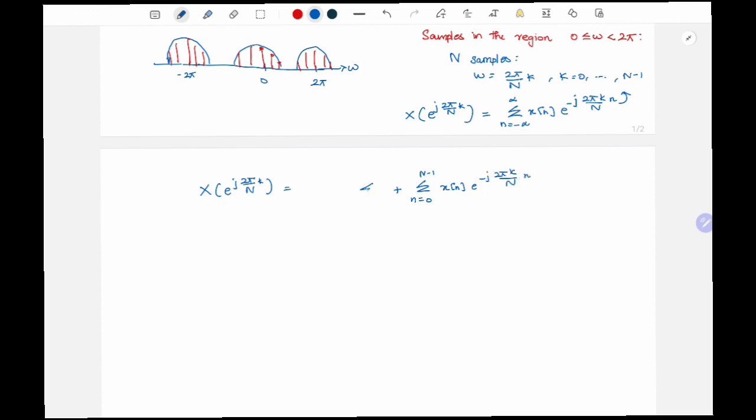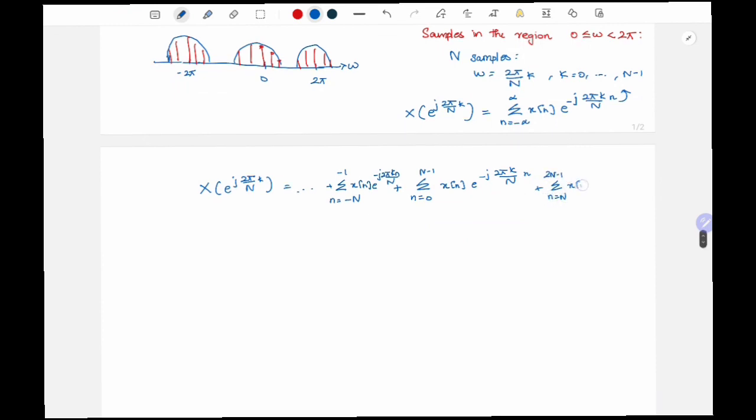So previously what would I have had? I'll have summation n equal to minus N to N minus 1, and the same x of n e power minus j 2 pi k n by N. Similarly, on the right hand side, what will I have? Summation n equal to N to 2N minus 1 x of n e power minus j 2 pi k n by N and so on.